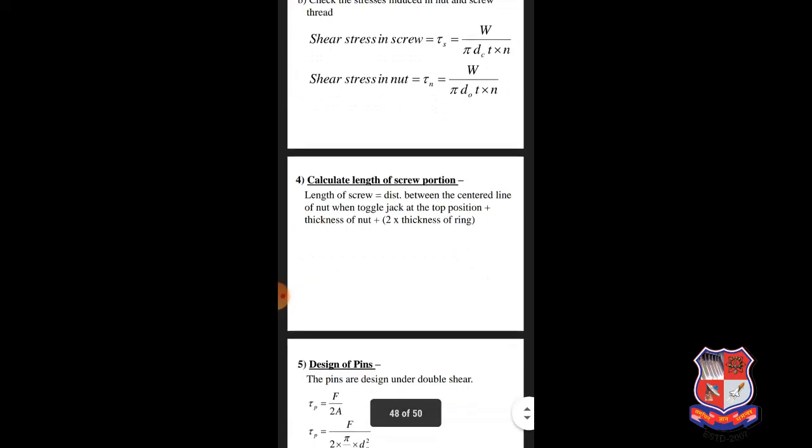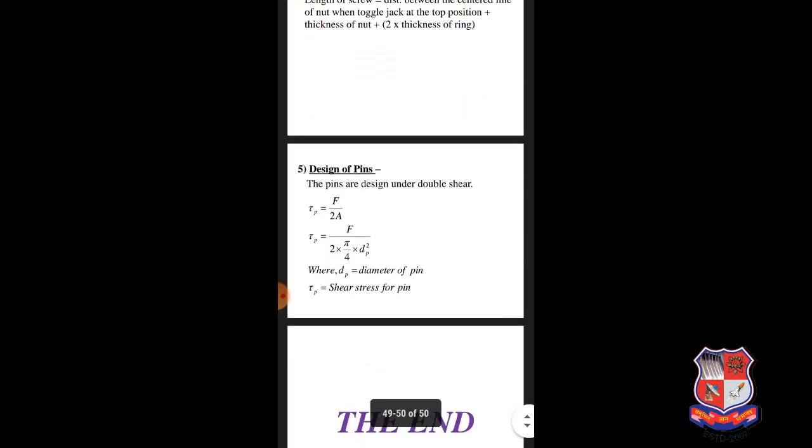Now the stresses in the screw. One is the shear stress in the screw, second is the shear stress in the nut, that is tau s and tau n. Length of screw portion is the distance between the center line of the nut plus thickness of nut plus 2 times thickness of ring.